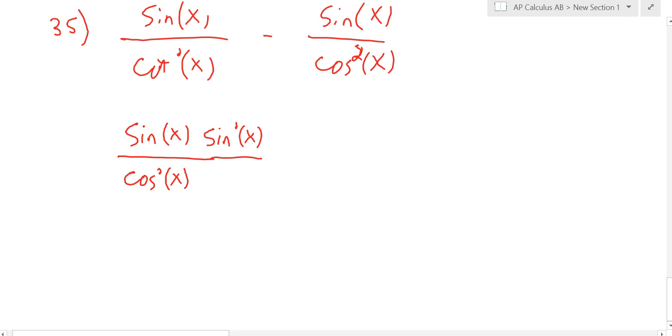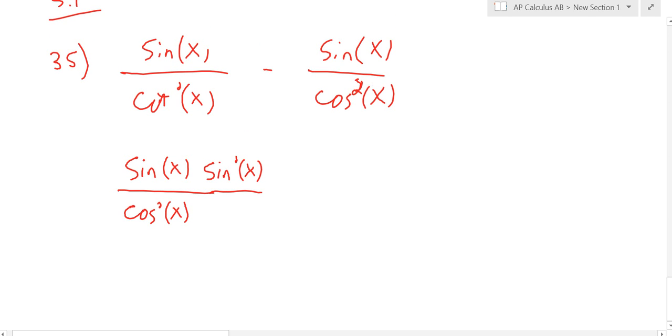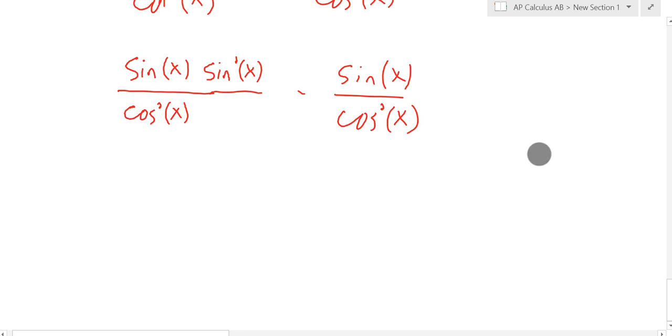Another way of thinking about that is, what happens to the cotangent if I move it up top? It becomes a tangent, and tangent is sine over cosine, which is what we have. So then we've got minus sine over cosine squared, and what luck, we have a common denominator already.